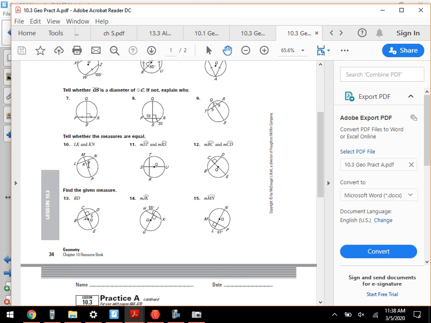So there's no way of knowing. You can have a diameter, remember, I can have a circle. Here's my diameter. Here's a chord. But in 12, are they equal? BC and CD have to be equal because it shows that it's perpendicular and it's a diameter.